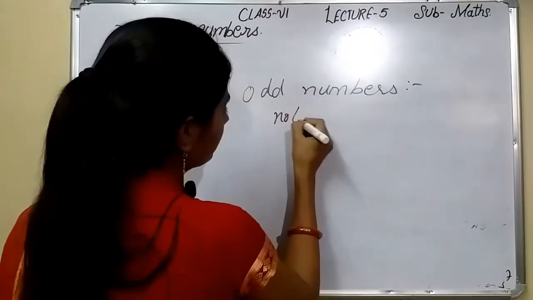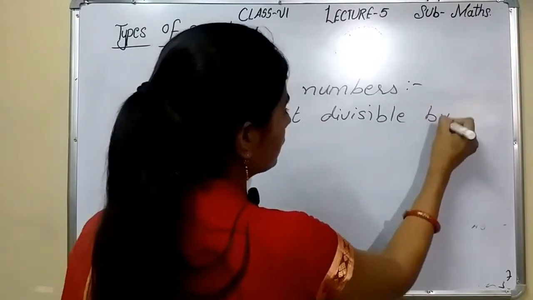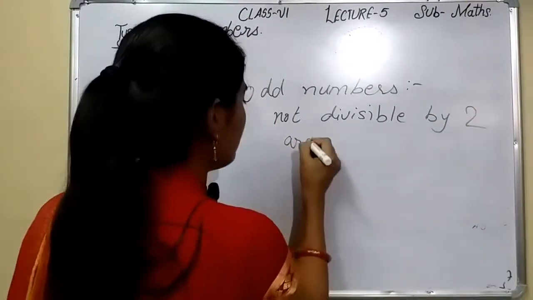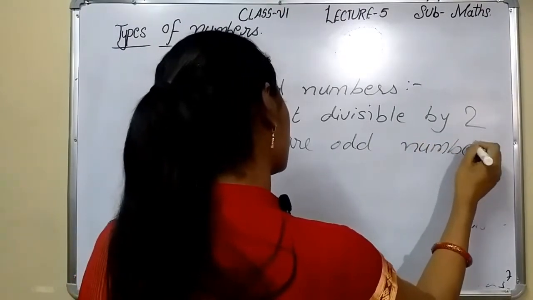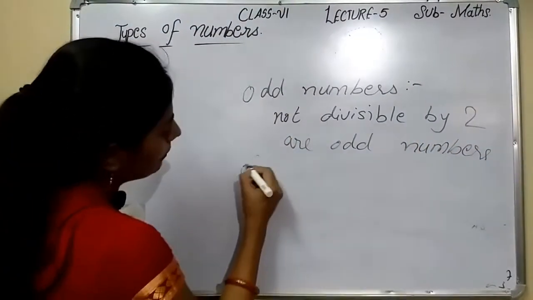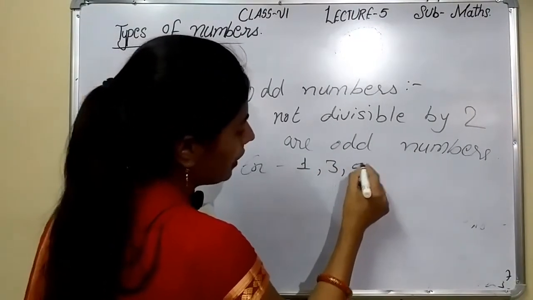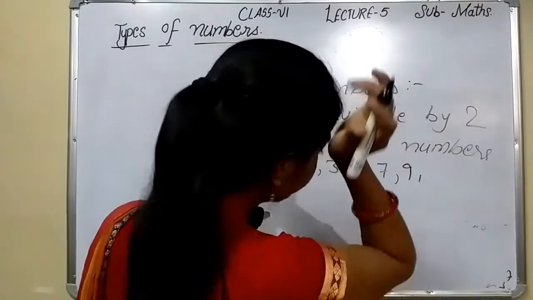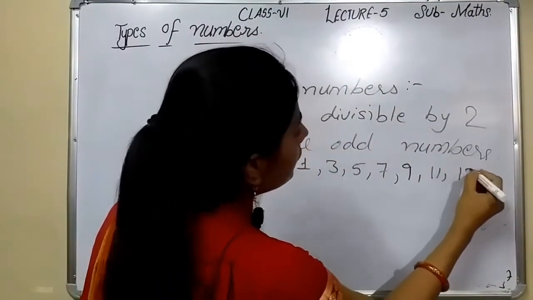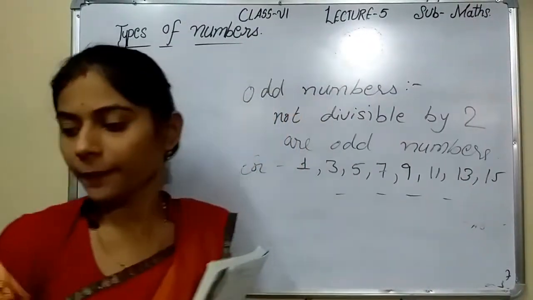Okay. For example, 1, 3, 5, 7, 9, 11, 13, 15, this. Okay.